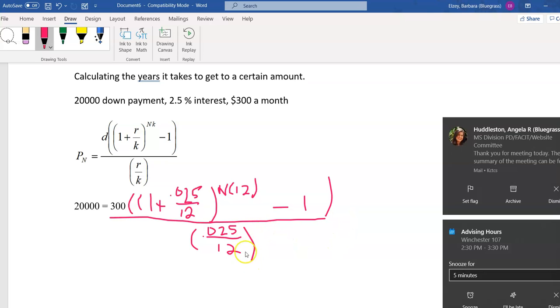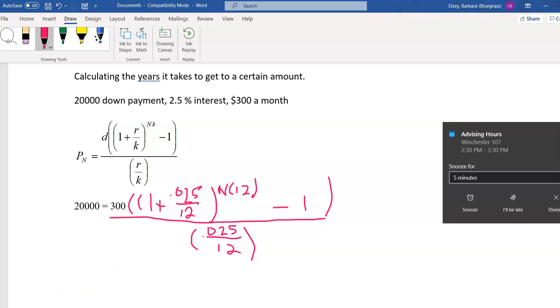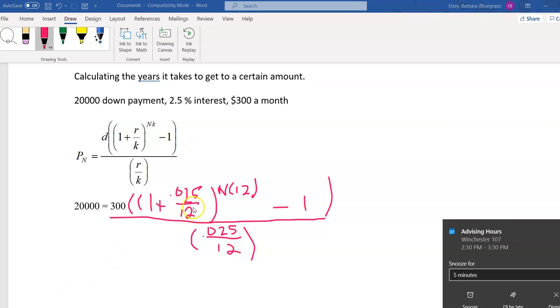Okay, so first in our calculator, let's put the 1 plus 0.025 divided by 12. I'm sorry, I think I said to the 12th power when I meant divided by 12. My brain is still at lunch, I think. All right, so this is a pretty big decimal. And my dog is going to give us some feedback in the background.